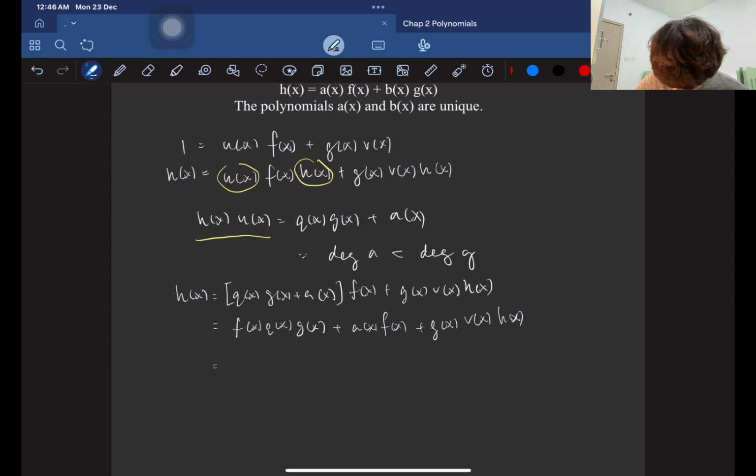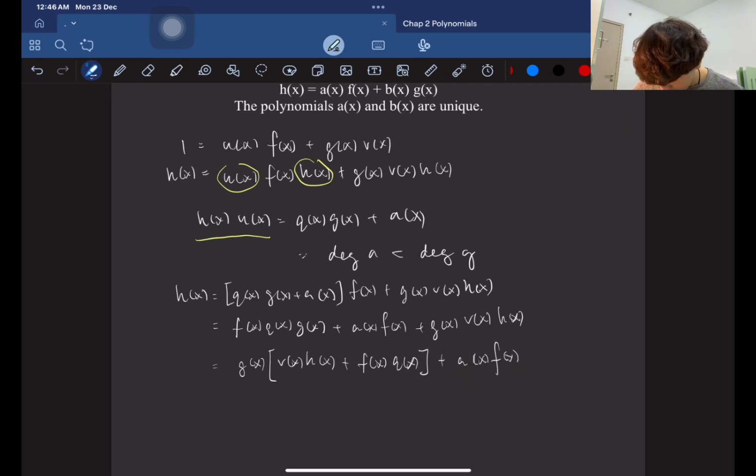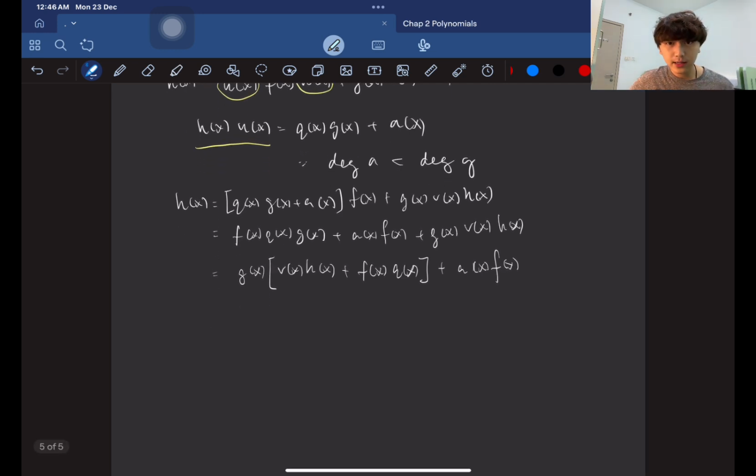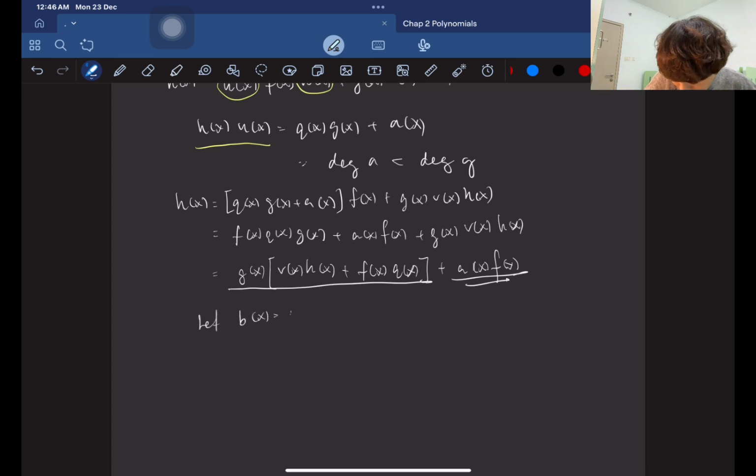We have g(x) times v(x)h(x) plus f(x)q(x), then plus a(x)f(x). So here we have a(x)f(x), and here we have g(x) with a lot of functions. So let this function be b(x). Let b(x) equal v(x)h(x) plus f(x)q(x).